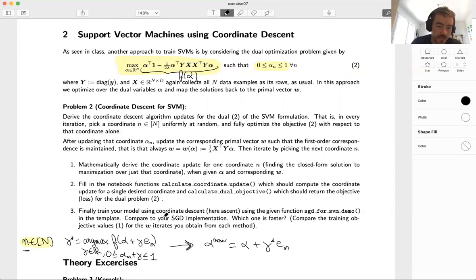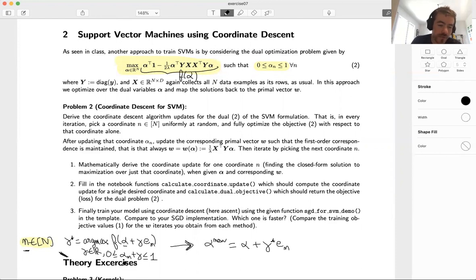and I want to find the argmax over gamma of f(alpha + gamma e_n). So this is a vector. e_n is the vector which is full of zeros except 1 at coordinate n. And you need to show that this problem, which is a 1D problem because gamma is in R, and don't forget it's constrained, has a closed form solution.